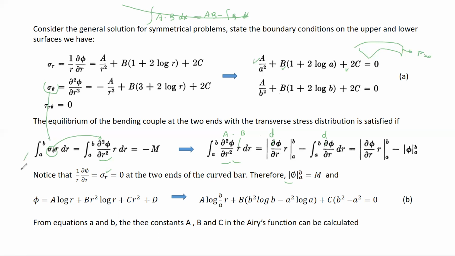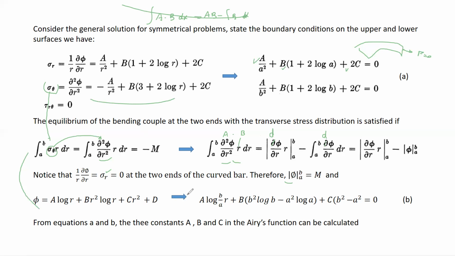By the way, this method that is given in your textbook by Mr. Timoshenko has some value of interest, challenging you with the calculus of the phi function. But to me, it was easier directly to substitute sigma theta from that equation and carry out the integration. We didn't need all that complication. But it's all math work.